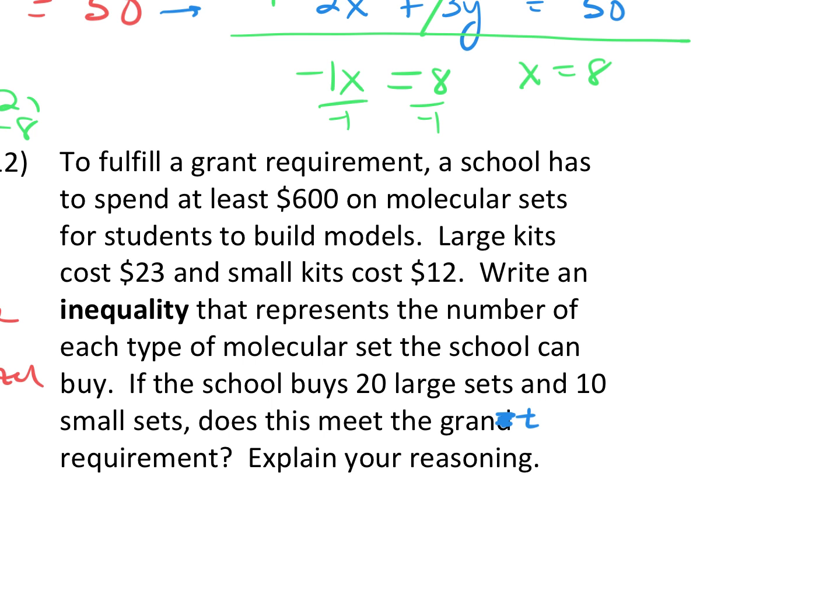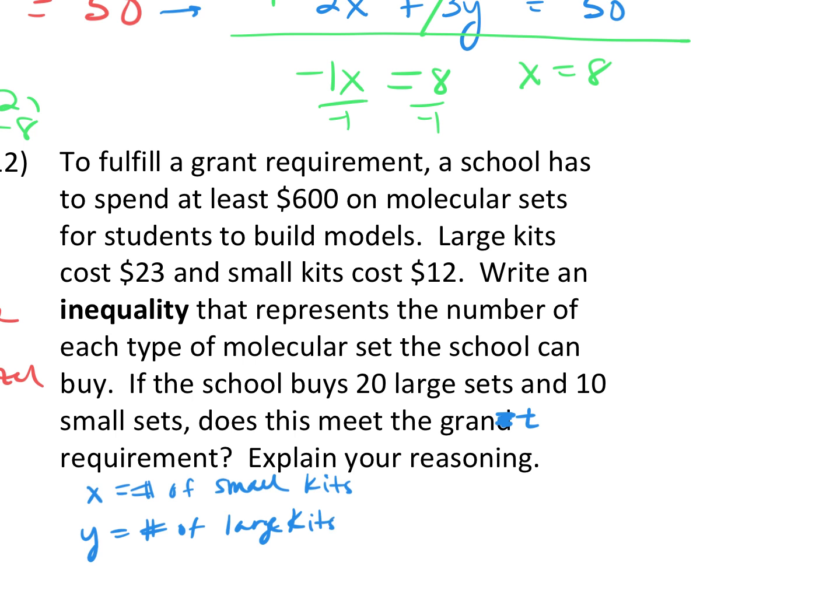Okay, so we're talking two things, right? Large kits and small kits of these molecular kits to build models. So I'm going to let x equal number of small kits. Y will be the number of large kits.